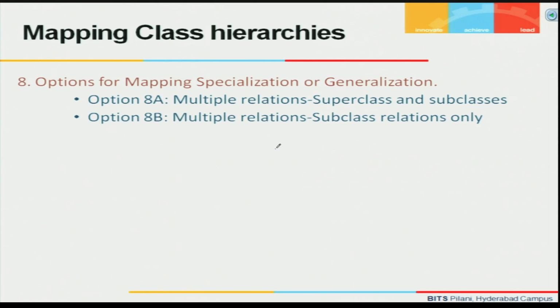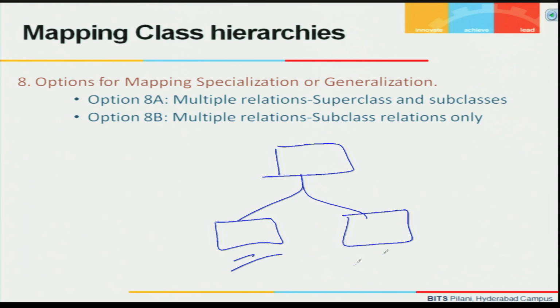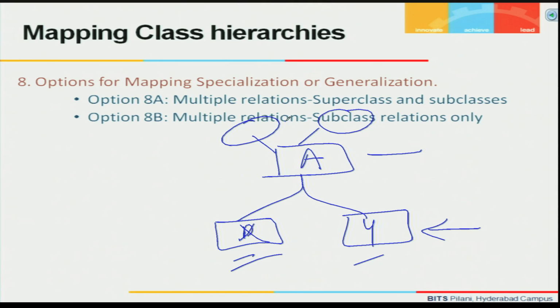That means I have a superclass entity type, and this is categorized or classified into two subclasses, and let us call them X and Y. We call these classes subclasses, and this is going to be the superclass. The subclass entity types always inherit the attributes and relationships of their superclass. Apart from that, they can also have their specific attributes attached to them, which have meaning only with those specific subclasses or classifications.